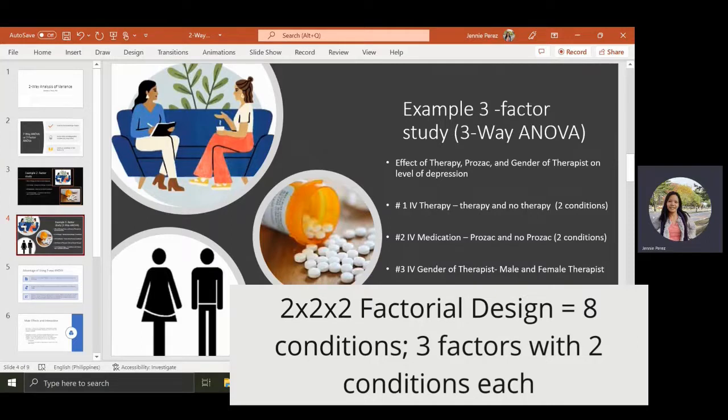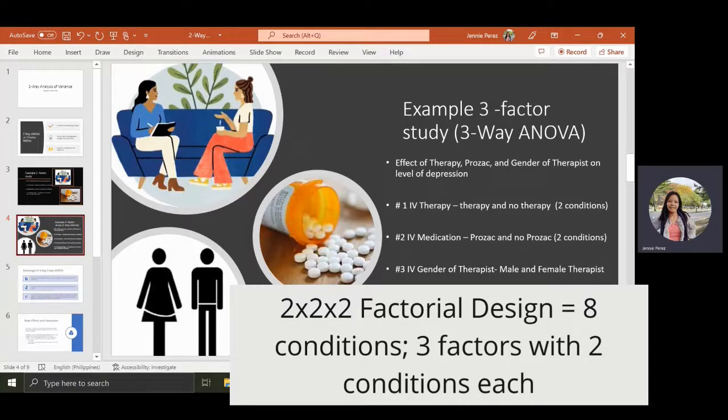For example, you are a psychologist and you want to know the effect of these independent variables on the level of depression of your clients. So you have determined 3 factors: therapy, Prozac or the use of medication, and the gender of therapist.